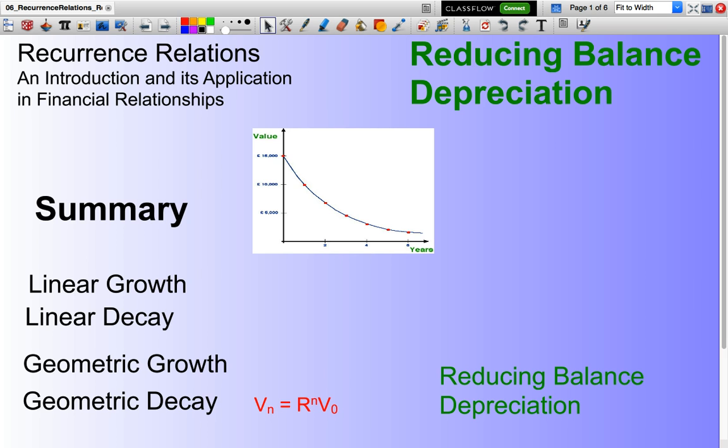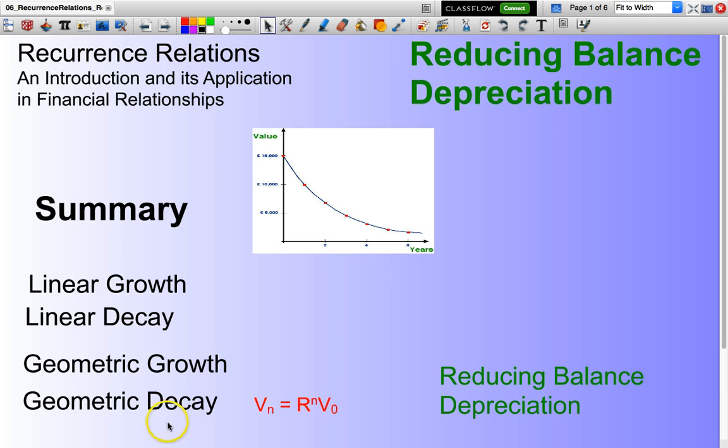Now, reducing balance depreciation is effectively where we consider the value of our asset to depreciate in a non-linear fashion. It will do most of its depreciation in the first years of its service, and then as it gets older it will depreciate less.